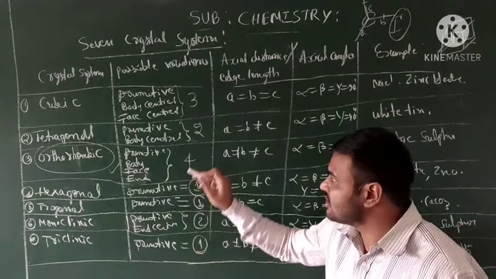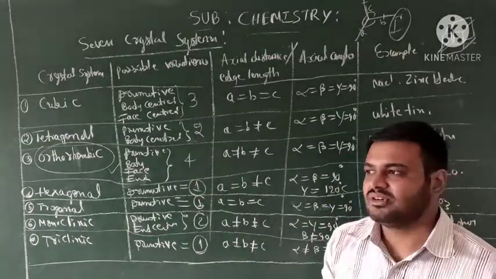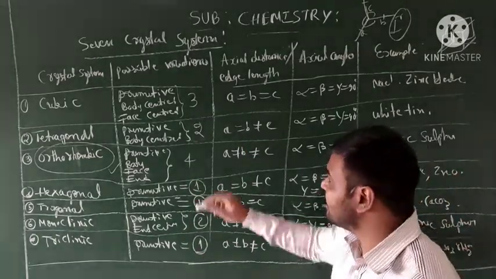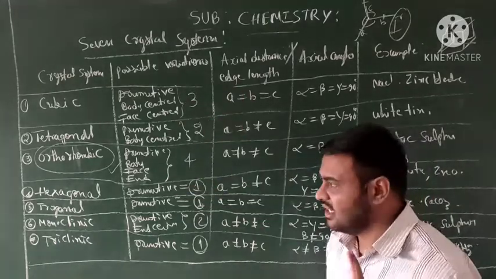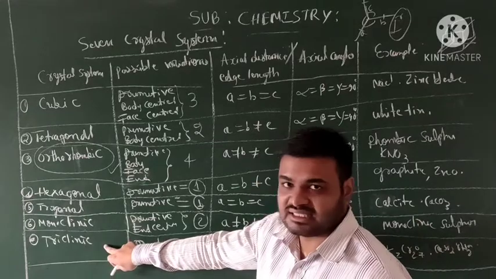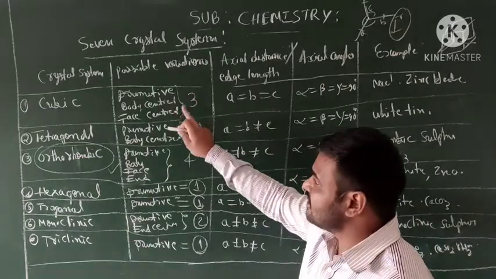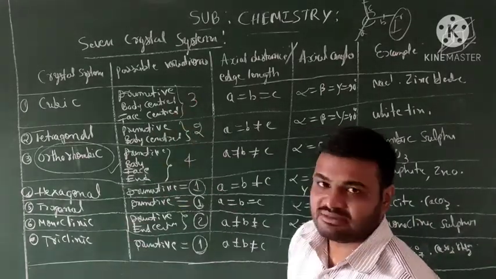Okay, students. In the last class we talked about Bravais lattice. See here, what are the possible variations we can observe? Actually, for the 7 crystal systems, how many possible variations can be observed?